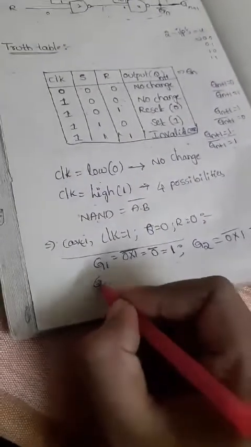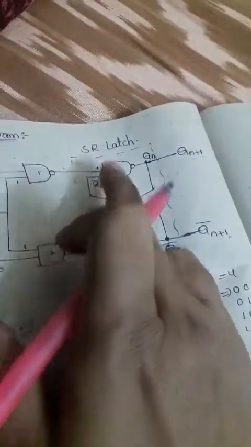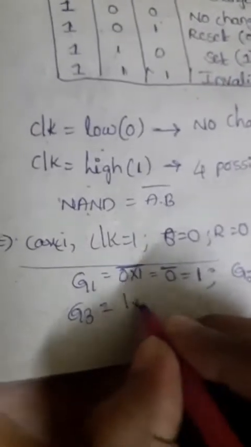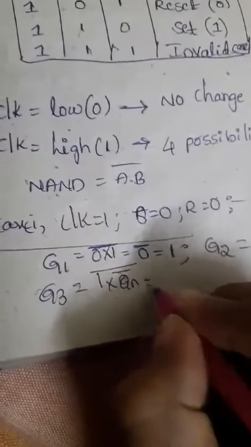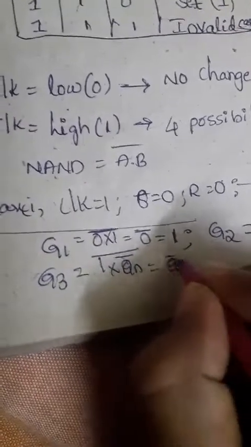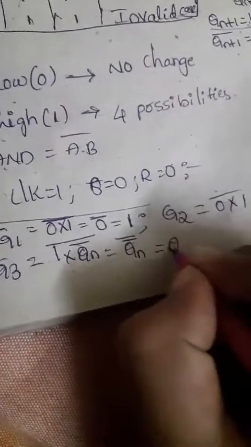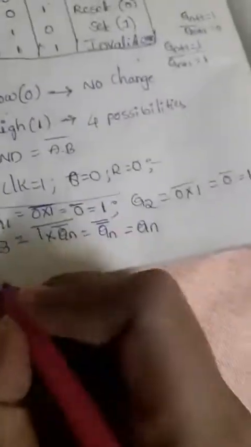So now find the G3 output. The G3 output is nothing but inputs 1 and Qn complement: (1 into Qn complement) whole complement. So we will get (Qn complement) whole complement, that is Qn. A bar whole bar is nothing but A, no? Like that.